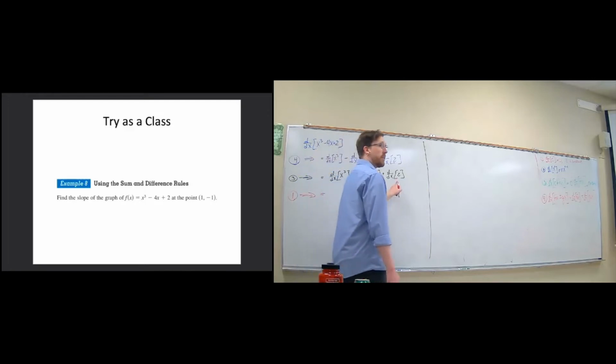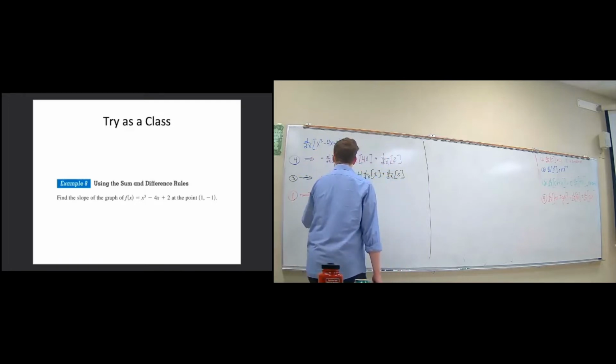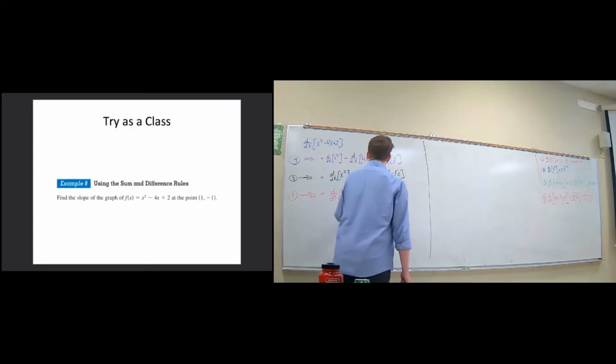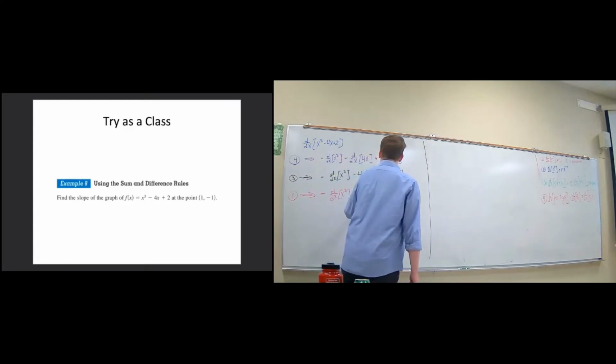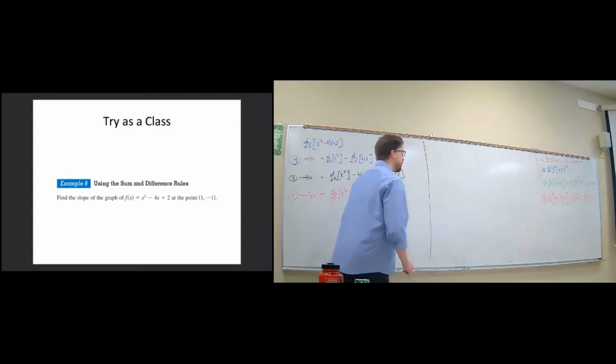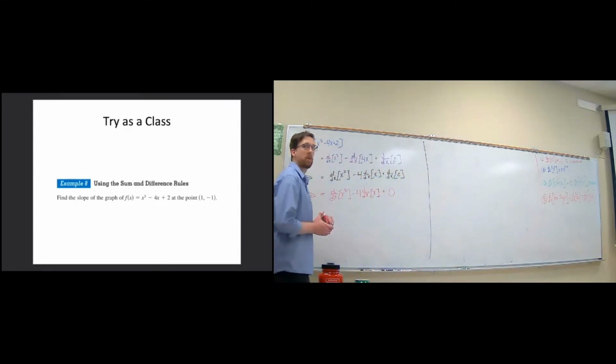The constant rule is going to send this to 0, right? So we're going to have d dx of x cubed minus 4 d dx of x plus 0. Everybody agree?